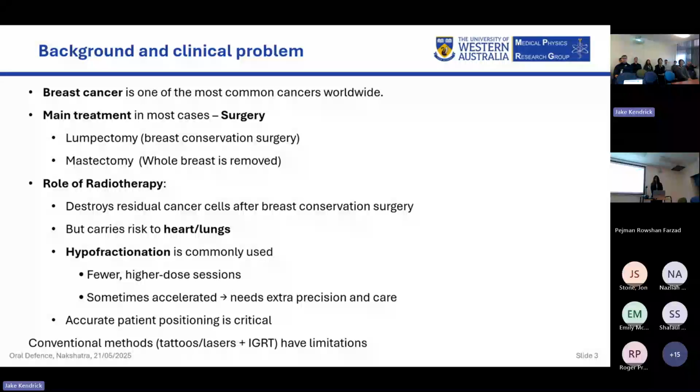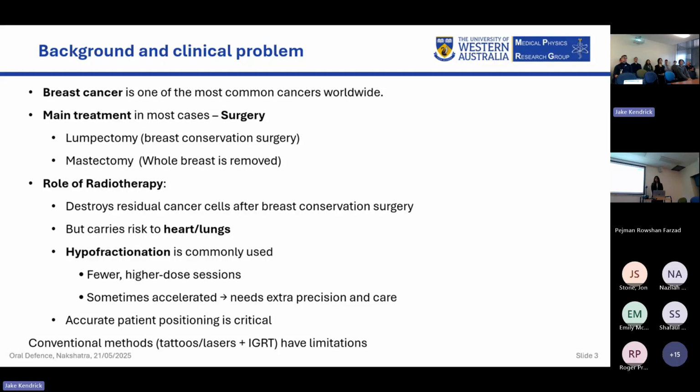So, breast cancer is one of the most common cancers globally, and the primary treatment for it is surgery. This surgery can either be a lumpectomy, which is a breast conservation surgery where part of the breast is removed, or a mastectomy where the whole breast is surgically removed.